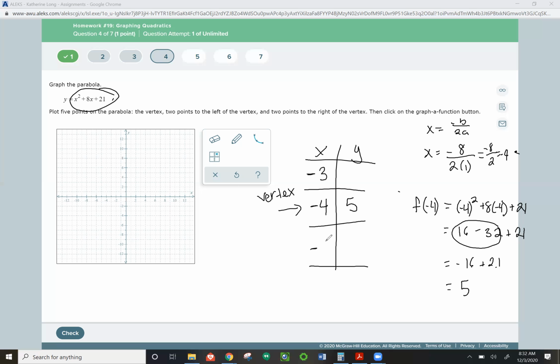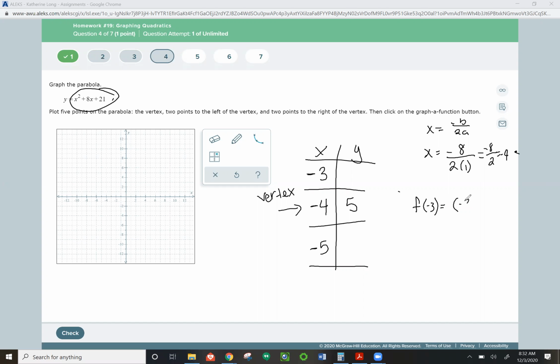We'll do negative 3 and we'll do negative 5. So we need to find out what is F of negative 3. So we'll do that one. F of negative 3.